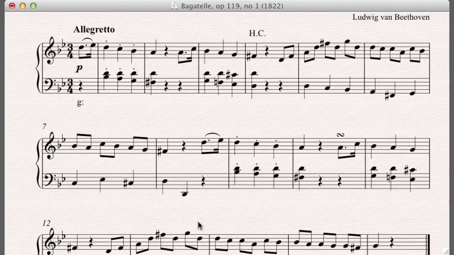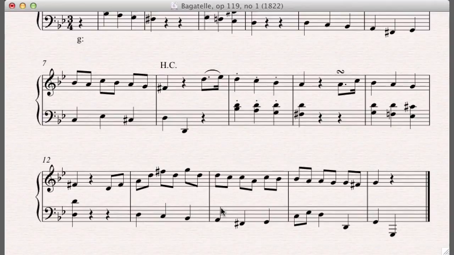And then we get another half cadence. And then we get a repetition, basically an exact repetition, which ends here. Another half cadence.